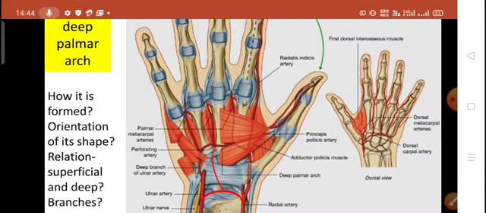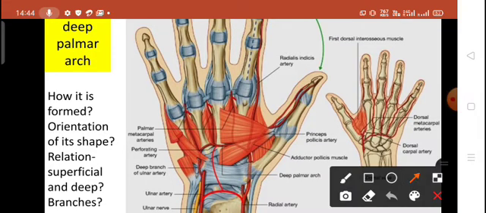In the palm, this artery runs from the lateral to the medial side, transversely across the deep part of the palm. Here, the radial artery lies deep to the flexor tendons. Then it runs medially at the level of the base of the fifth metacarpal bone.